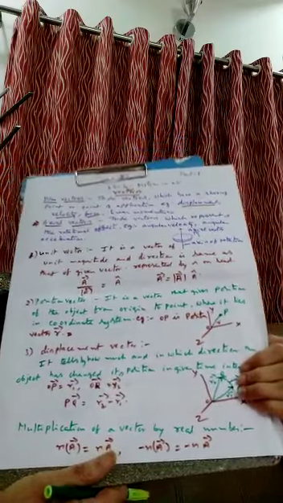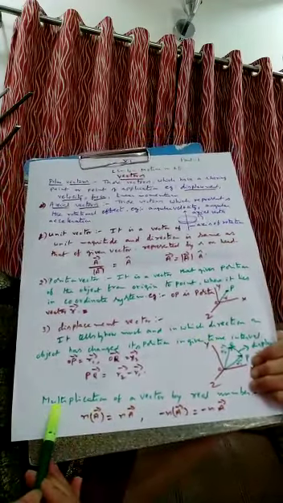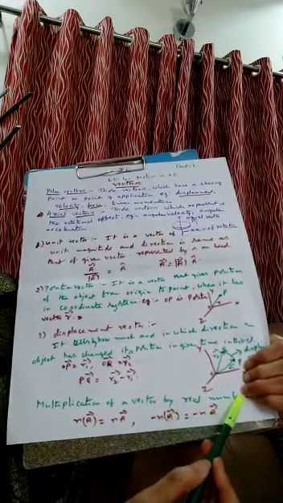Okay, so when we apply all these vectors, you will understand much better. Now what do you mean by multiplication of a vector by a real number?